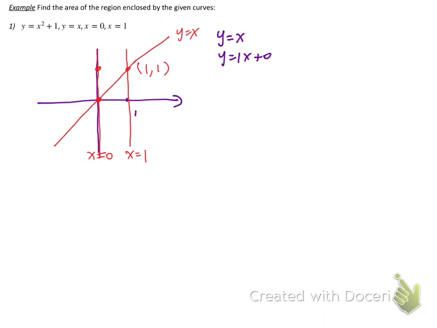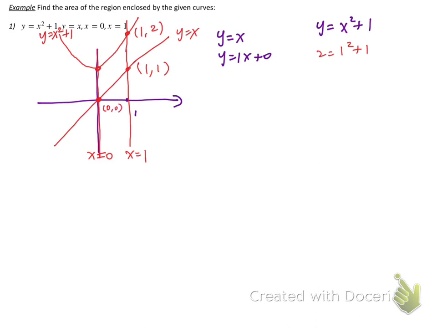And I need to draw it a little bit higher, because when x equals 1, y equals 1 squared plus 1, that's 2. It means the curve y equals x squared plus 1 passes through the point (1, 2). And this is the origin.